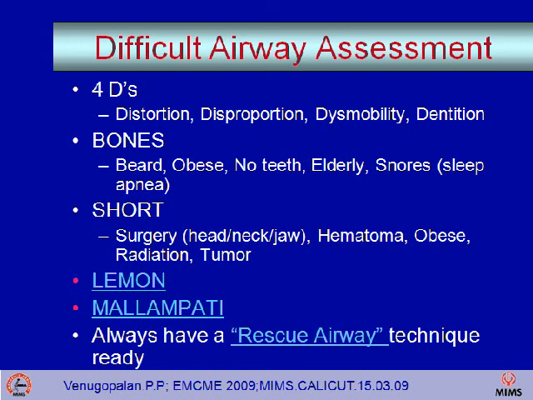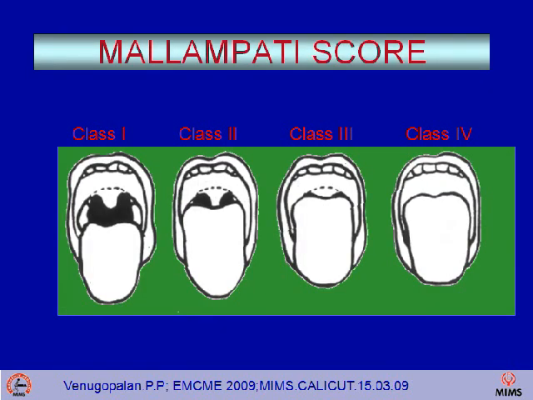There are many mnemonics, but it is unreasonable to remember all of them. An ideal one is to just remember the LEMON method. I will give the details of the LEMON method and Mallampati. But whenever you anticipate a difficult airway, you should always have a difficult airway cart ready.